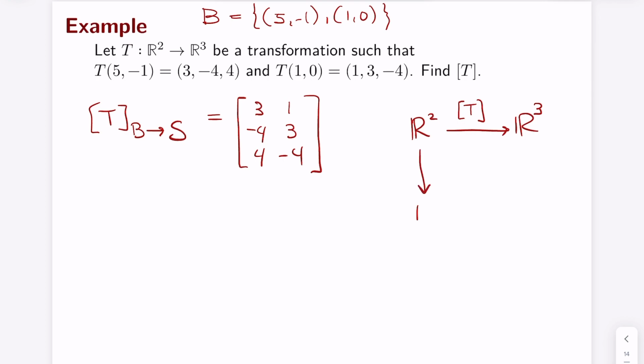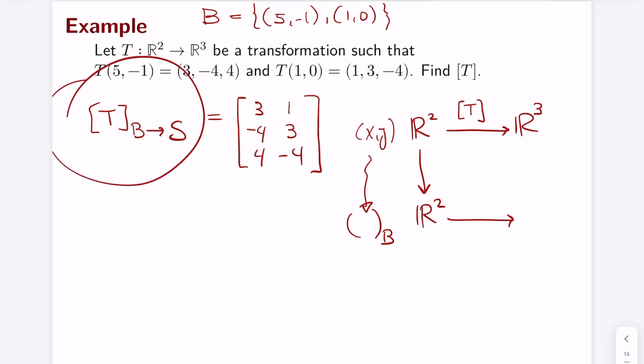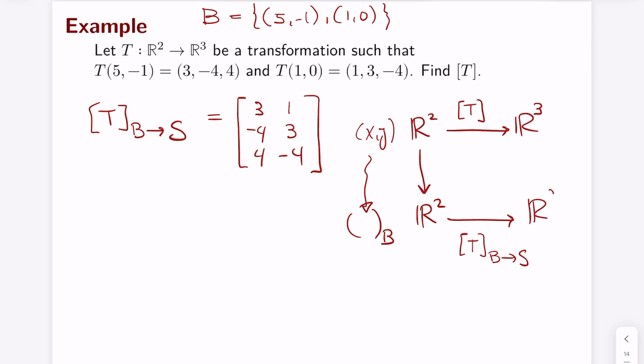And here we change the bases, and here we can go to B, the one that we want. So any vector (x, y) we can write somehow in the basis B. And here we would like to use the matrix that we just calculated. So we will put here T, B, S. That means that in here we still calculate things in the standard basis. So this transformation here will be just from the standard to the standard.